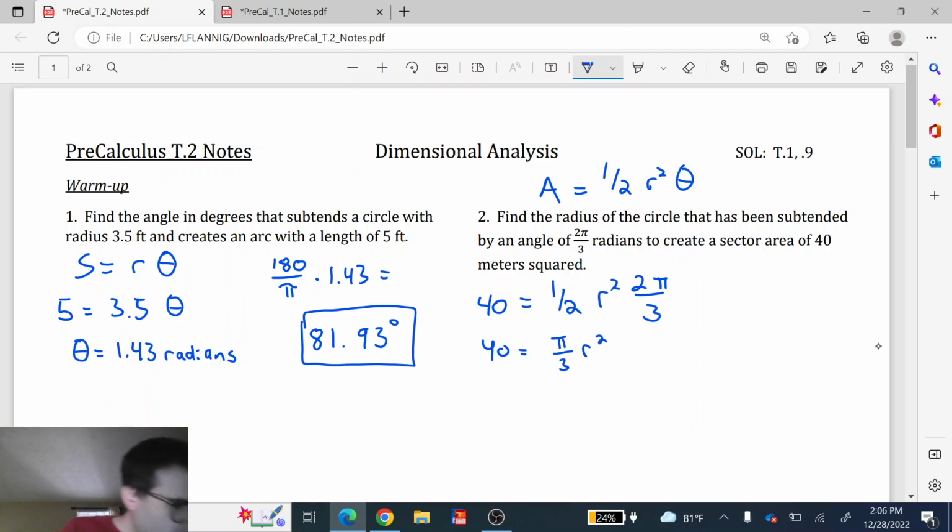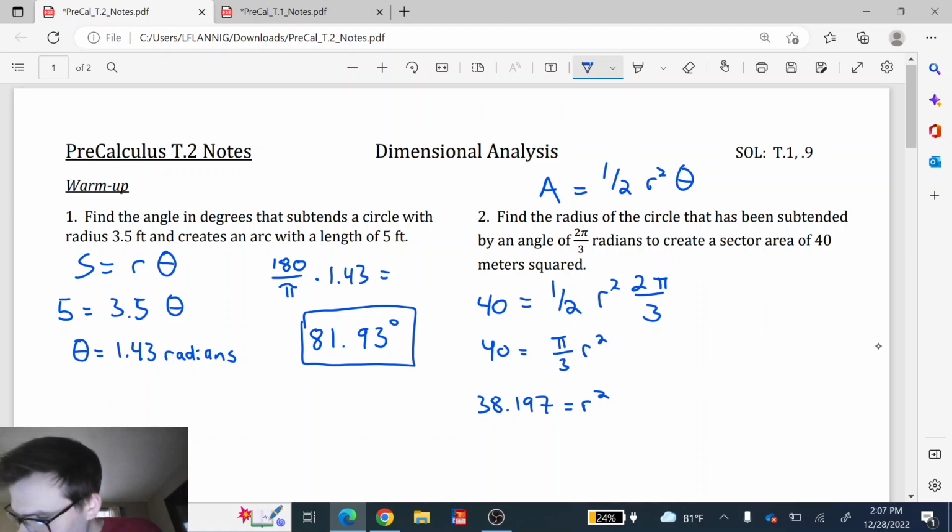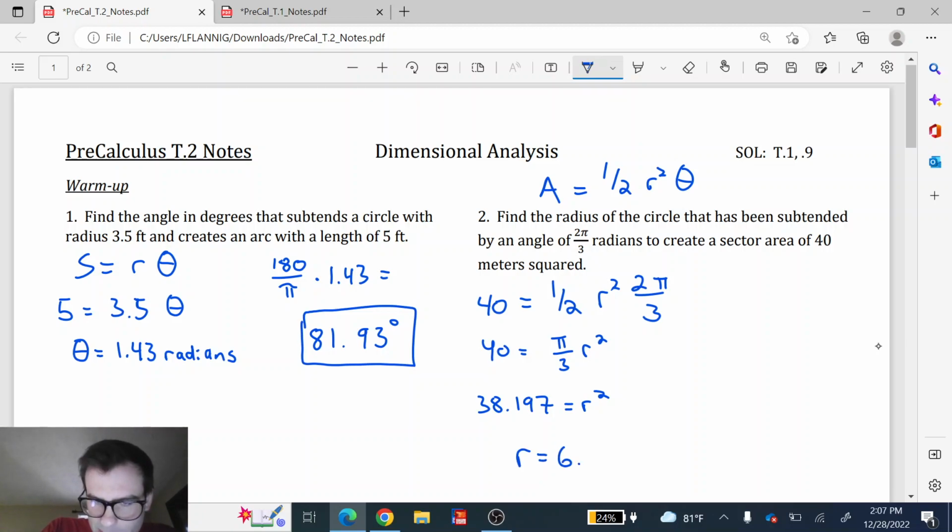Now I can do 40 times 3 divided by pi. 40 times 3 is 120, and divided by pi is roughly 38.197, which equals r squared. Now we take the square root of that number, which ends up giving us r equals 6.18.